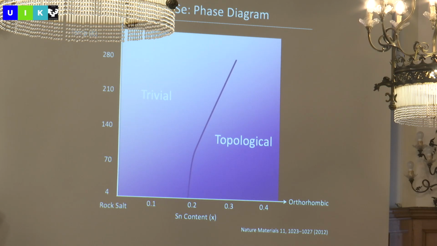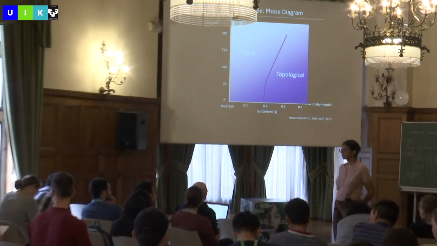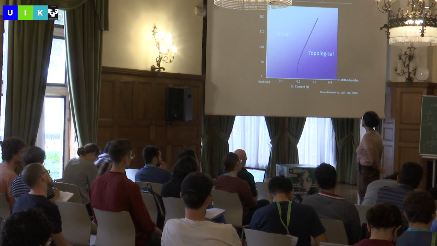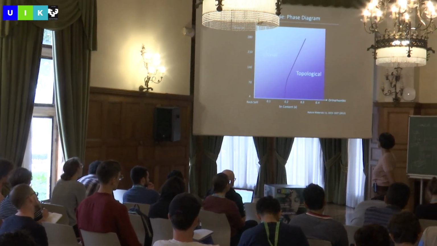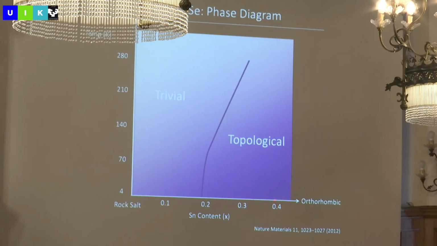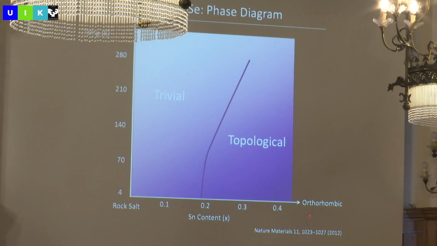About the distortion, do you have an explanation why? Yes, basically the end member of this thing is actually orthorhombic. If you look at the surface of that orthorhombic crystal, then it looks like our distorted crystal.